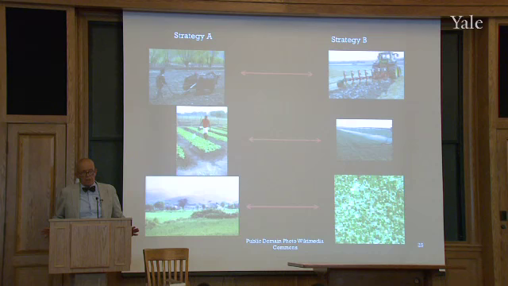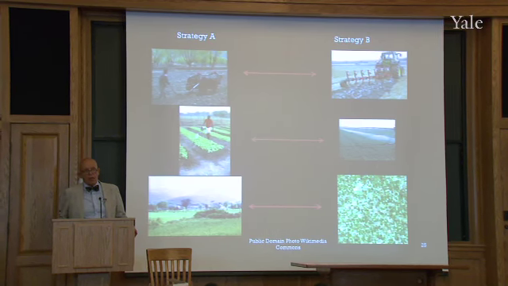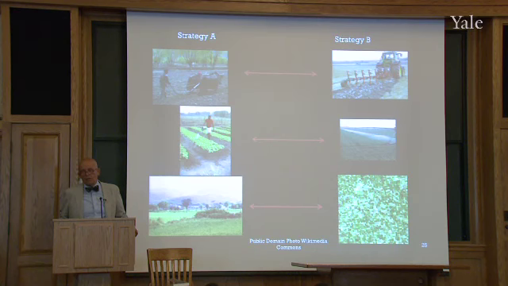The single biggest story, I'm repeating myself here because it's such a big point, in recent world history is the substitution of strategy B for strategy A, and that happening on an extremely uneven basis. It's happening in a big way and fast in some places, and in a little way and slow in other places.